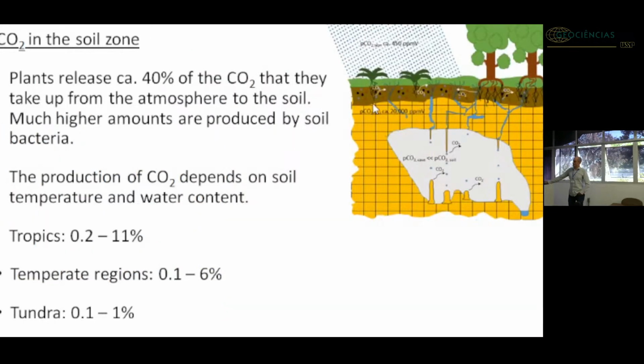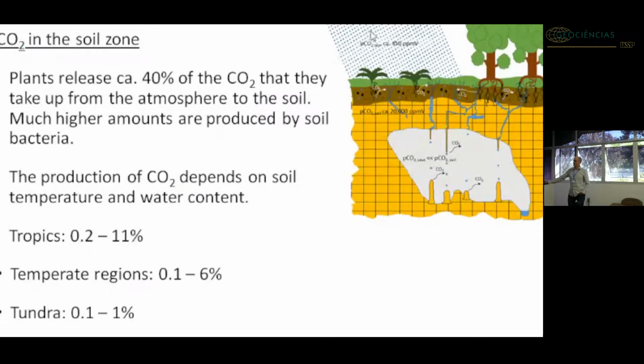So the first step is the dissolution of CO2. As I told you on the slide before, you have a relatively high PCO2 in the soil zone, which is orders of magnitude higher than in the atmosphere above the cave. This is mainly due to root respiration, and high amounts are produced by soil bacteria.